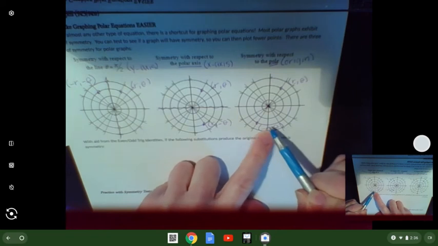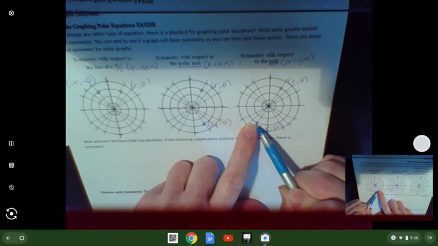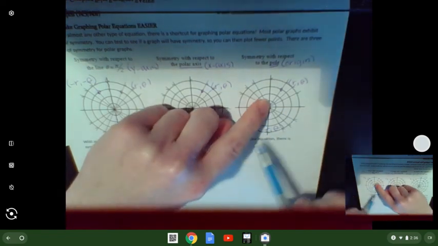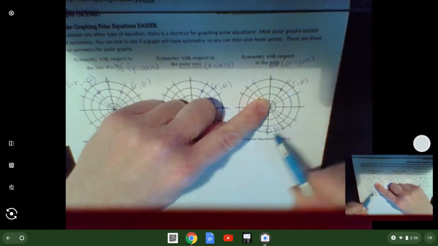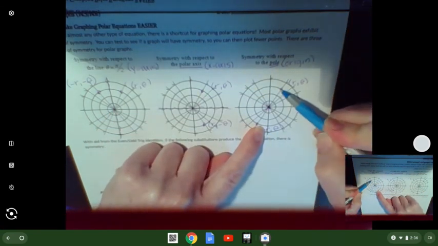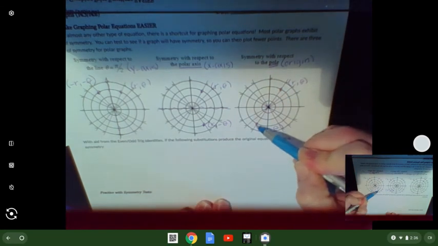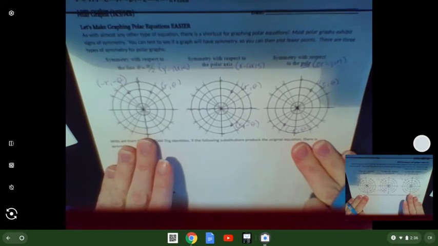Now I know that this is the correct way of describing this random point right here, because we know that a negative r indicates that I slid back through the origin. So if I had r, theta just covering up that negative, I would be right here, but having that negative r means I'm going to slide back through the origin, which puts me right there. Hence the negative r, positive theta.